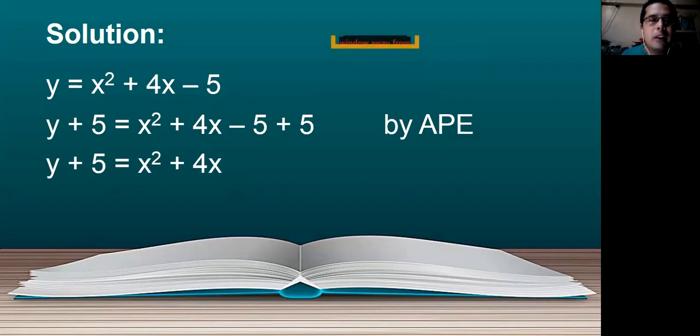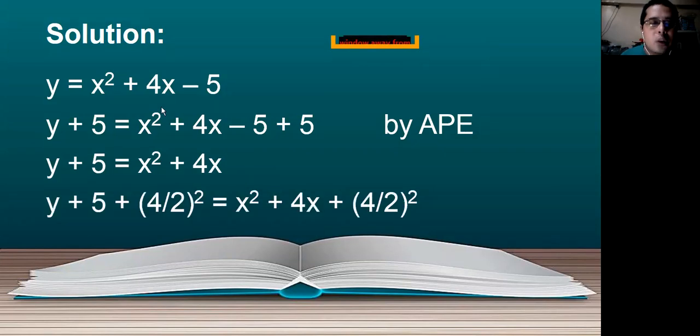So for completing the square, your equation will look like this: y plus 5 plus, you're going to take the middle term of your trinomial, which is b, or 4 over 2, then square it. Whatever you do on one side of your equation, you will do on the other side as well.